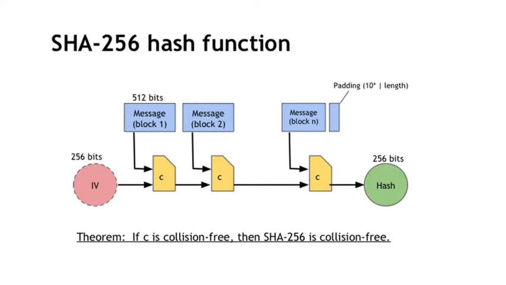Here is an illustration of how this hash function operates. And you can see the blocks are divided up and the results are in 256 bits.